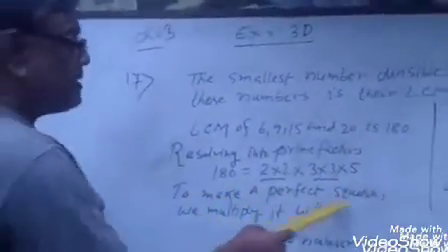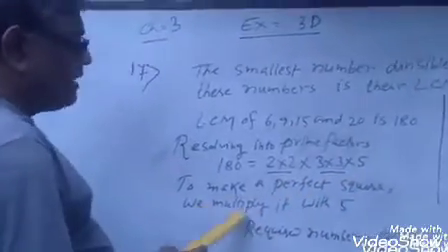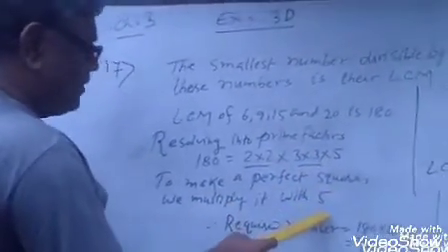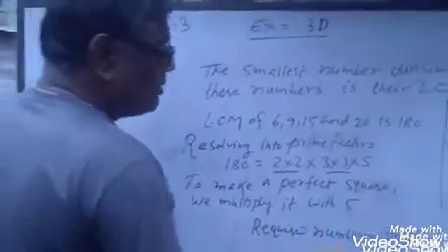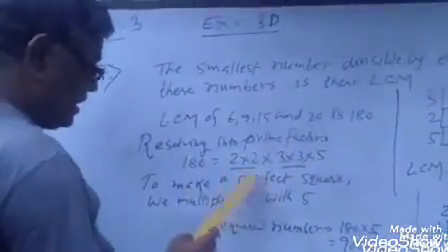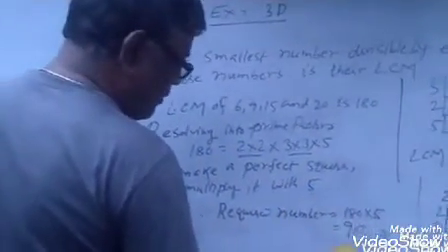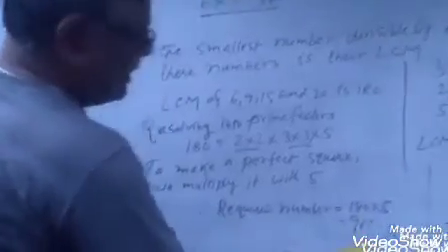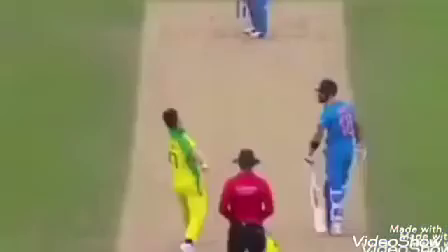To make a perfect square, we multiply it with 5. Therefore, required number is 180 into 5. We get 900. This is the answer.